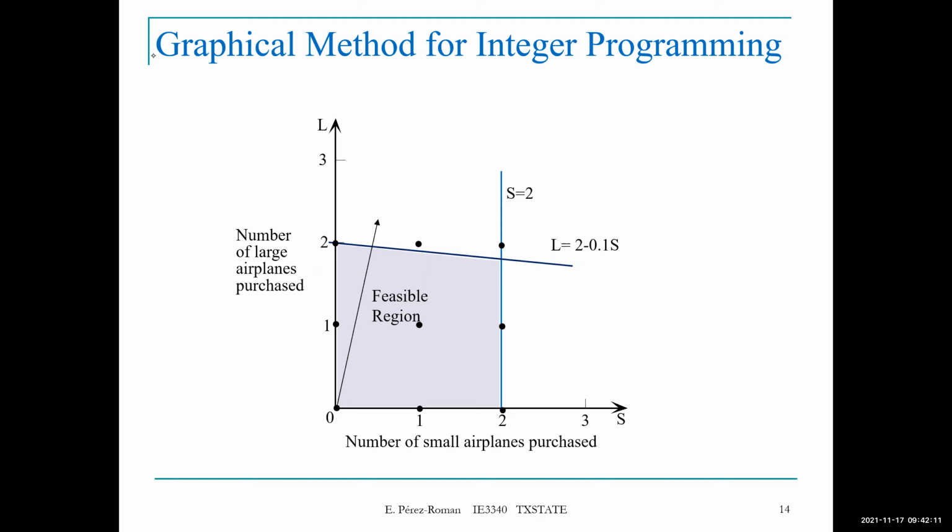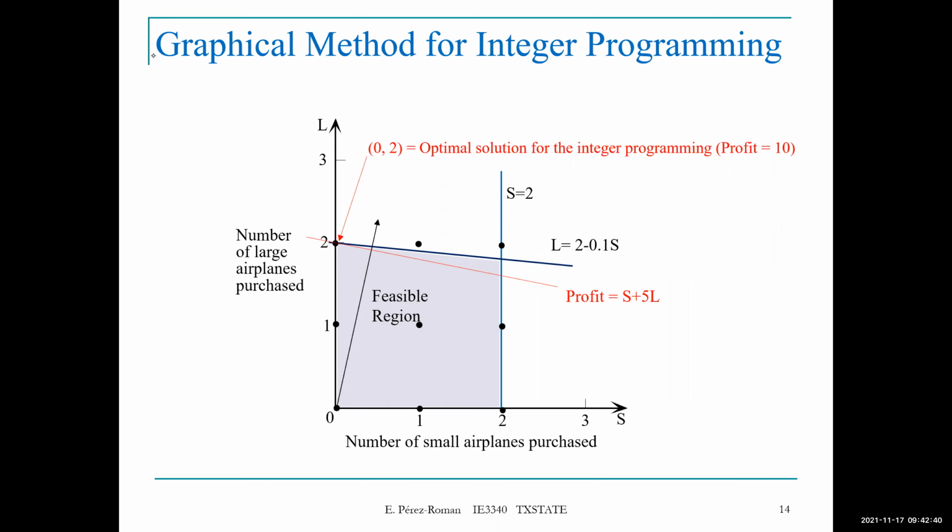So we also plot the direction of improvement based on the objective function, this is the isoprofit line. But instead of moving that line all the way to this point, which is the optimal solution for the linear programming model, now we're going to stop at the last point that has an integer value in the feasible region. And that last point having an integer solution in the feasible region is this point.